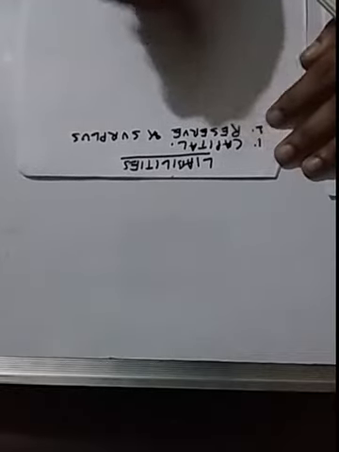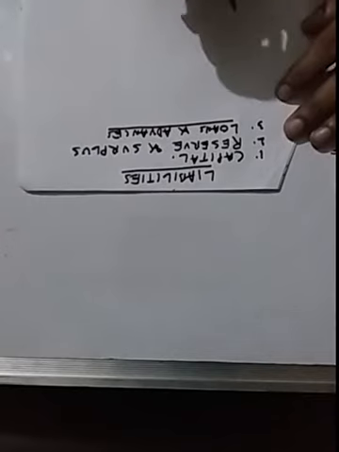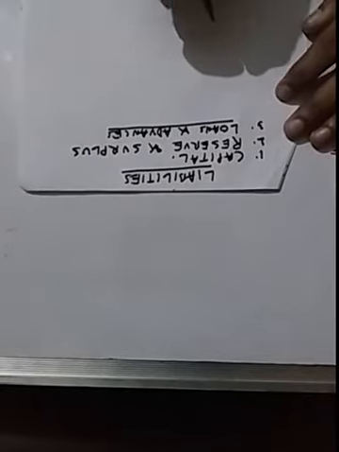Any type of reserve and surplus means capital reserve, general reserve, sinking fund, or any other type of reserve. Number 3, loans and advances. Any type of loans and advances, loan from bank, loan from financial institution, etc.